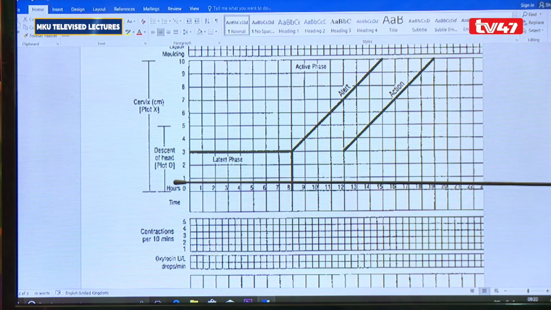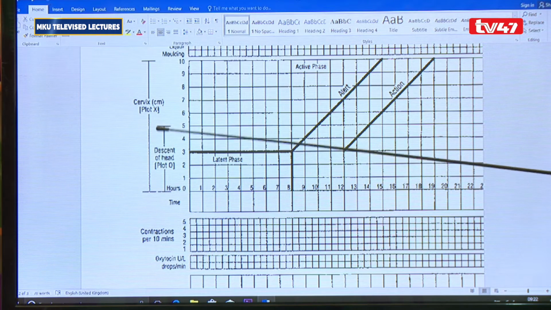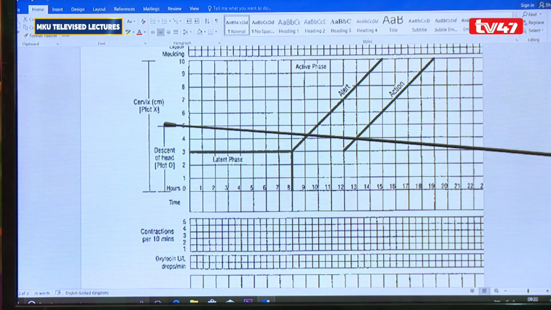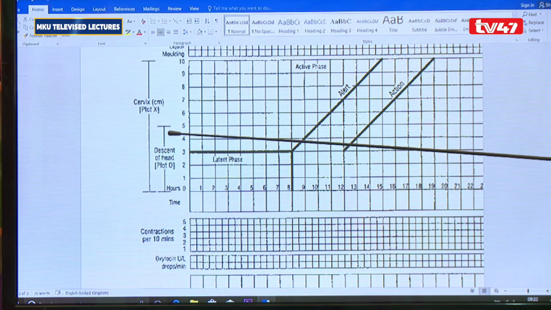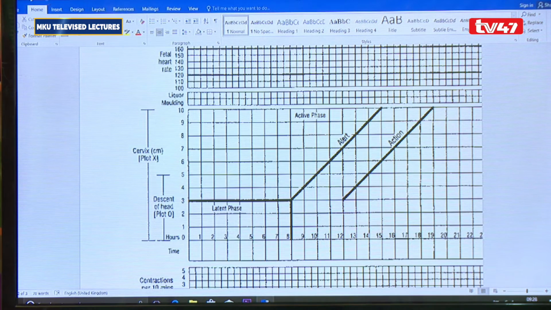Then we have a line here that we are calling the descent of the fetal head, or descent of the fetal cephalic. Descent is measured using the degree of engagement into the pelvic brim, and we normally palpate the part that is above the pelvic brim.